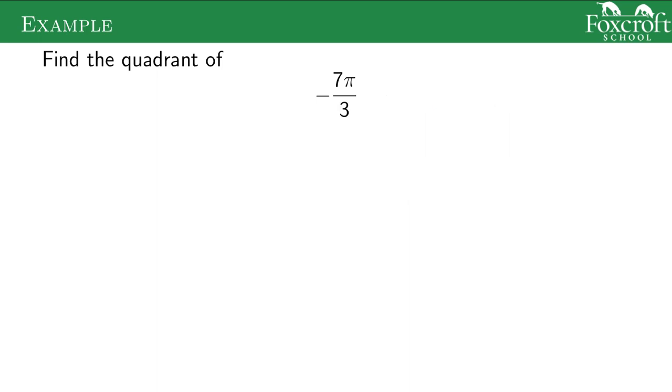All right, negative 7 pi over 3 is negative 2.33 pi. I'm going to add 2 to it, and get negative 0.33 pi. In this case, that's not enough because it's still negative, so I'm going to add another 2 pi to it.